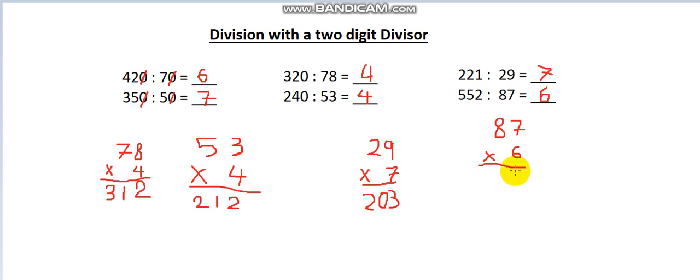And I would get 6 times 7 makes 42. All right, the 2, carry the 4. 6 times 8 makes 48. Plus 4 that I carried over makes 52. So my result is 522. Can I fit another 87 here without passing 552? No. So indeed, despite having a remainder of 30 to get to 552 from 522, I can only fit 6 87s into 552. And that is what I was trying to find out.